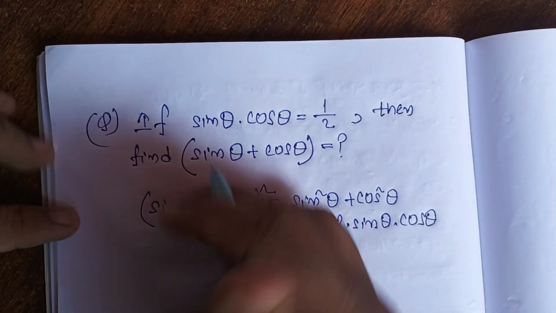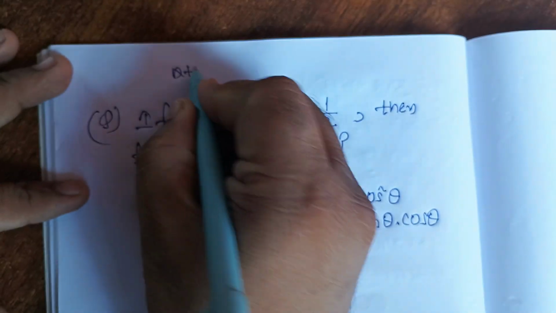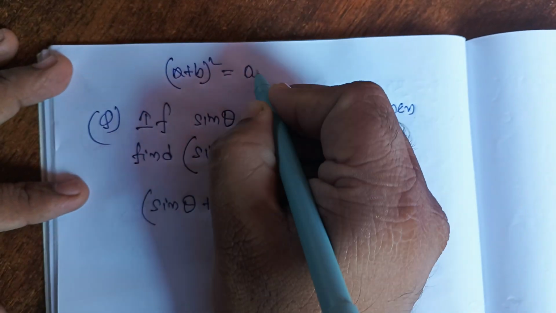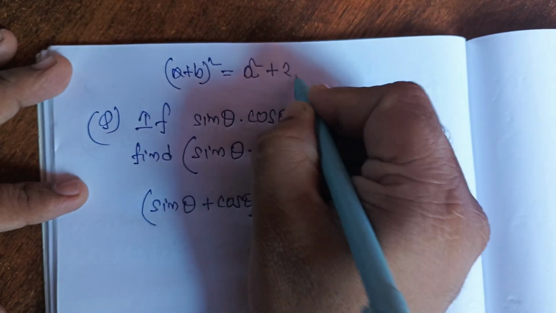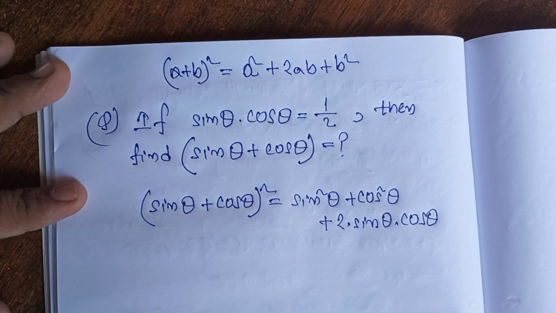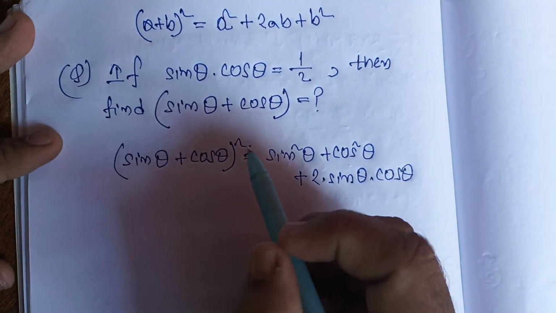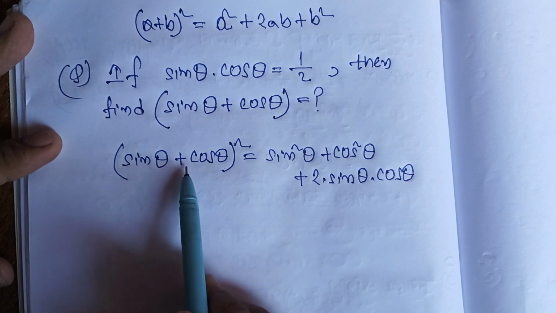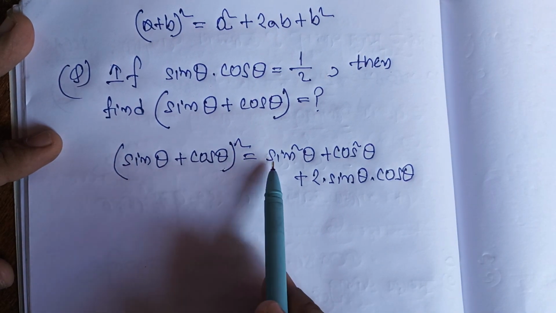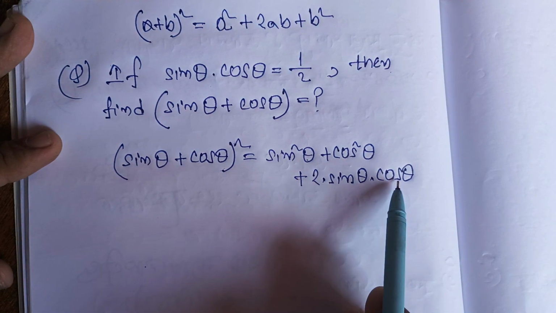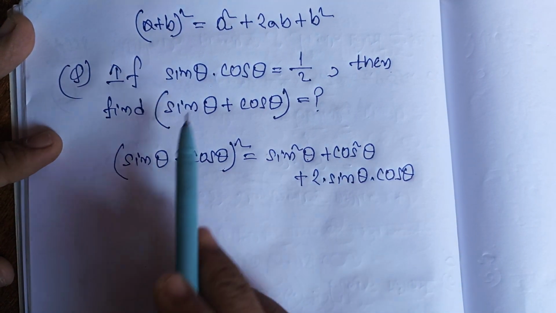Okay, we know that (a plus b) whole square is equal to a square plus 2ab plus b square. So by applying this formula we can write that (sin theta plus cos theta) whole square is equal to sin square theta plus cos square theta plus 2 sin theta cos theta.